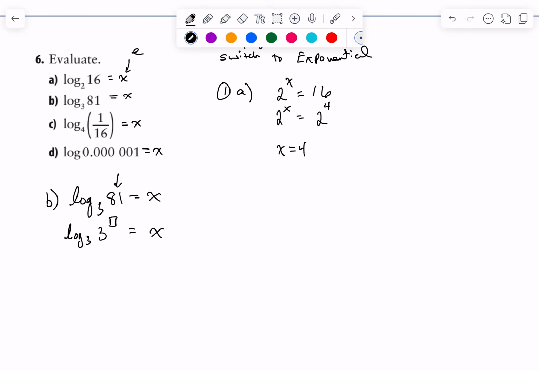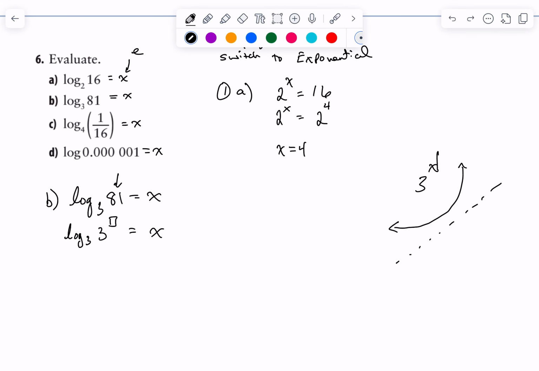We learned that the graph of 3 to the x would be something like this, just generally. And we learned within this unit that the logarithm with base 3 is just the inverse of that.